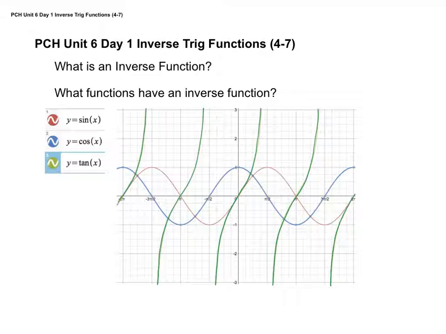So can someone tell me, what is an inverse function? The reciprocal? Well, the reciprocal is an example of an inverse. Okay, you could switch the y and the x. Alright? 1 over the function equals the inverse function. 1 over, that's an example of an inverse function.